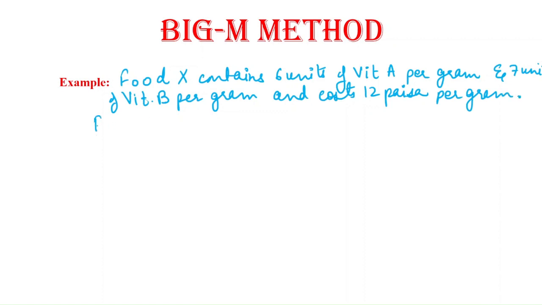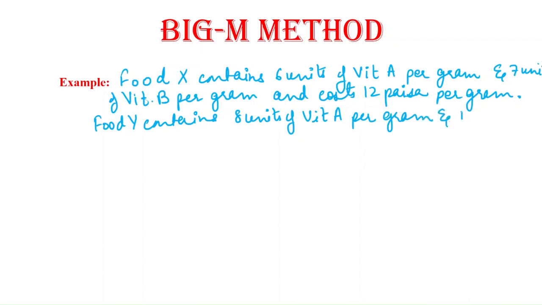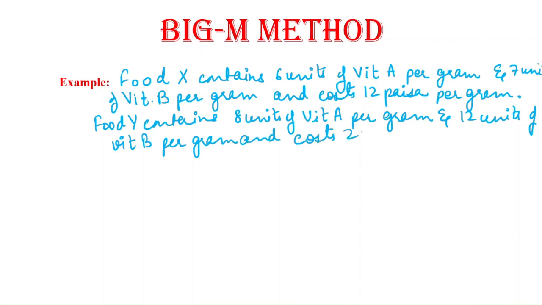Food Y contains 8 units of vitamin A per gram and 12 units of vitamin B per gram, and that costs 20 paisa per gram.